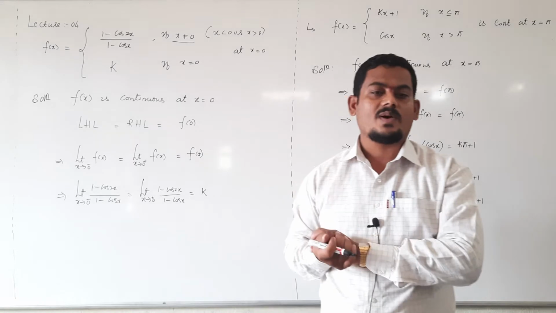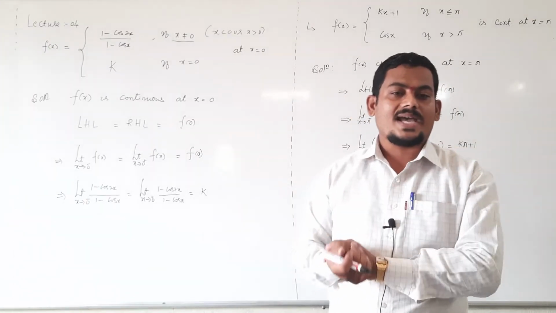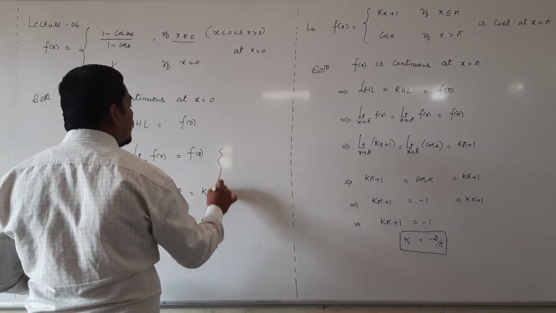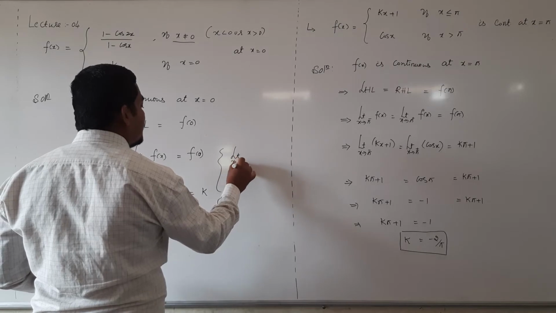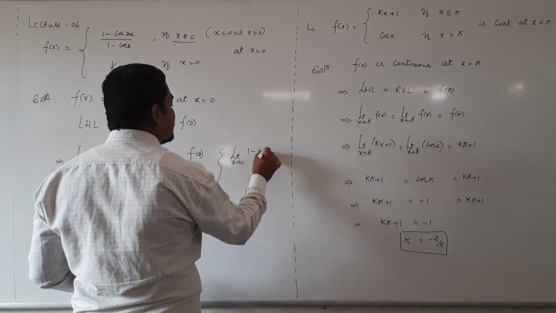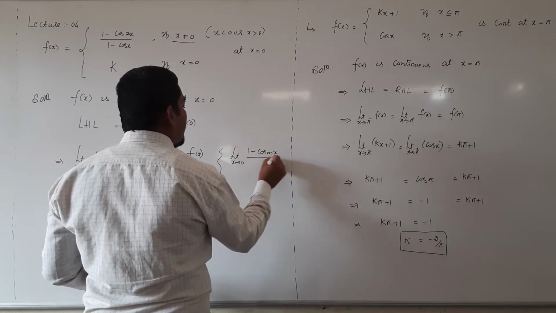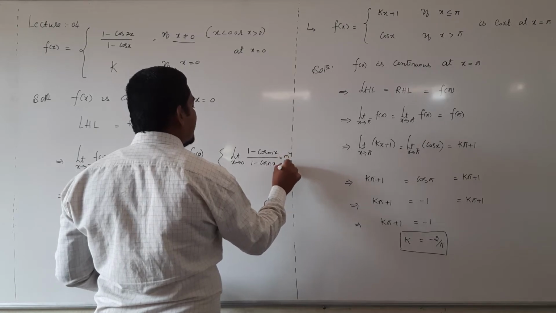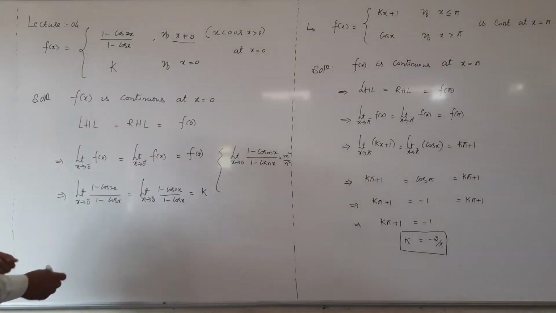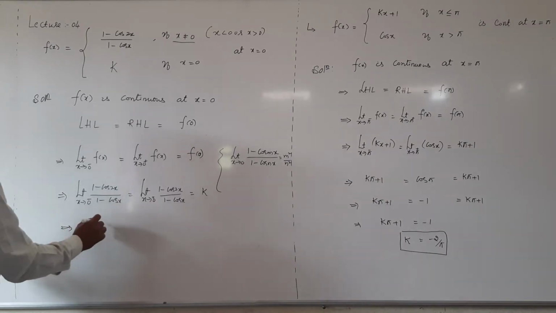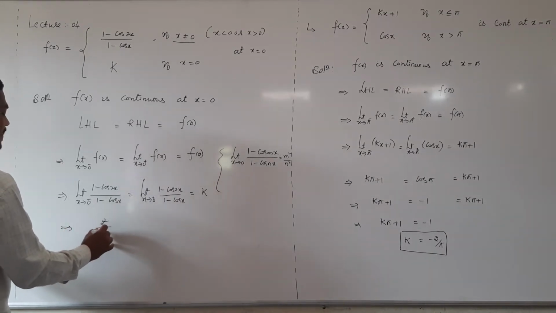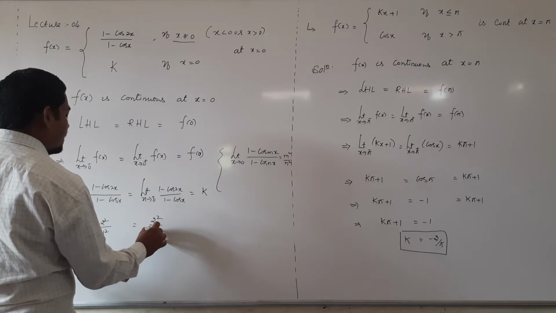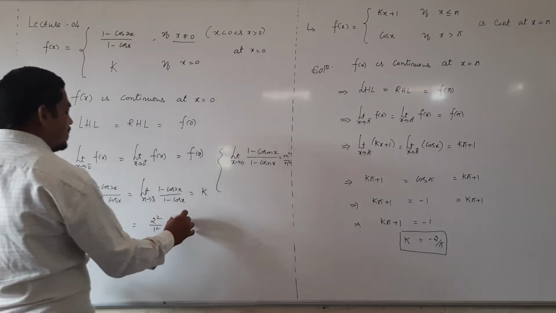Once you get an indeterminate form, first simplify then apply, otherwise apply the standard formula: limit extending to 0 of 1 minus cos mx divided by 1 minus cos nx is equal to m square by n square. Just use this formula. Then it will be 2 square divided by 1 square. Here also 2 square divided by 1 square is equal to k.